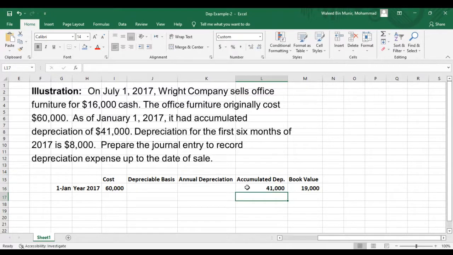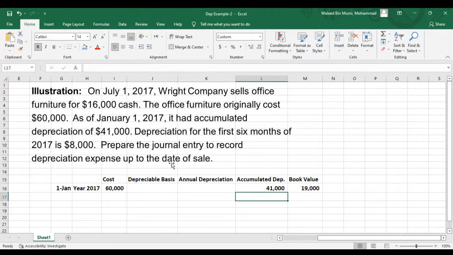So once we have accumulated depreciation given, we can calculate a book value. Is it clear? Please look at this one because you have to understand. I need your response. Is it clear on January 1? Especially when you solve the question, it is important. That's why I'm using Excel to explain. Now on January 1, this is what you have.